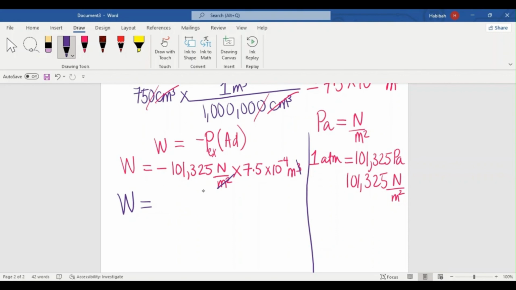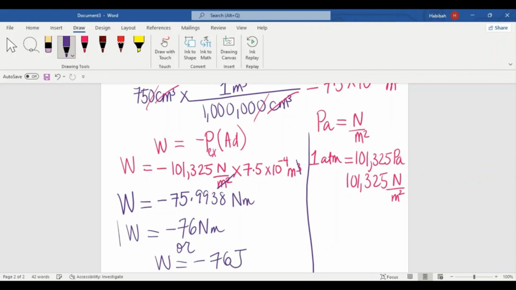That will be -101,325 Newton times 7.5 times 10 to the -4. So basically what we end up with is -75.9938 Newton meter. So work done is going to be -76 Newton meter, or we can say work done is going to be -76 joules. So that is basically the answer to this question.